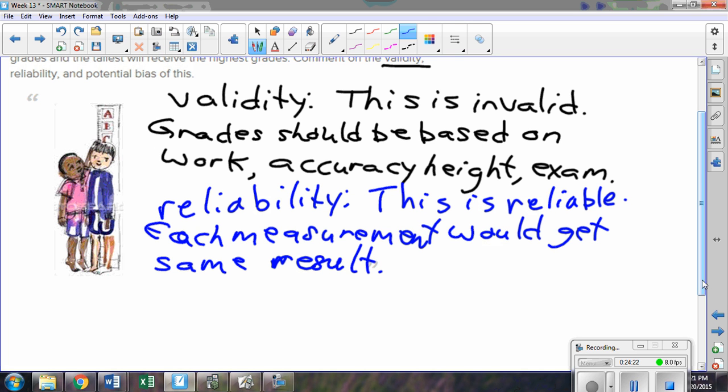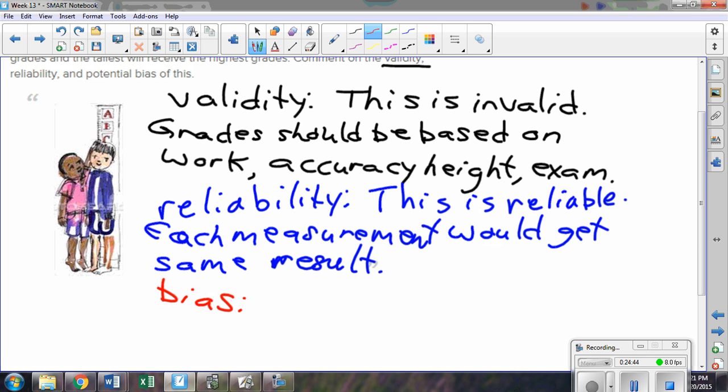So yeah, this is reliable. We could rely on us getting accurate measurements over and over and over. We could repeat the grading scale and trust it. What about bias? Are we going to wind up with consistently inaccurate measurements one way or the other?